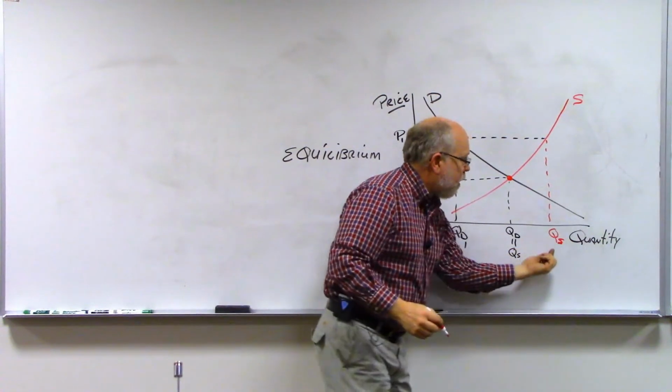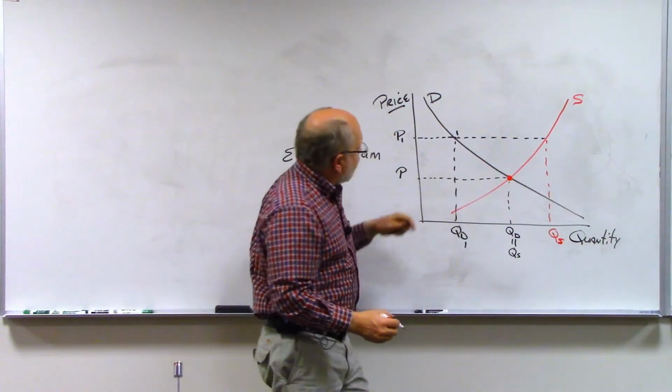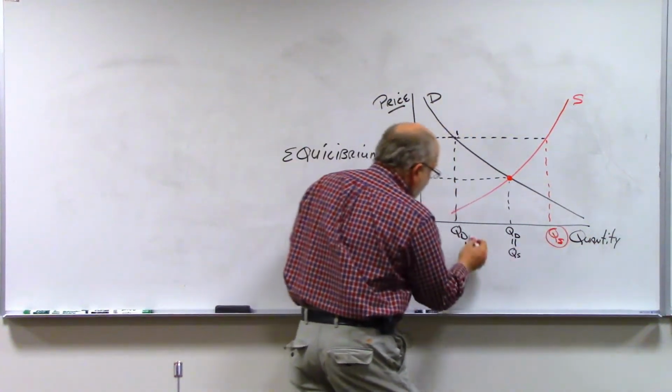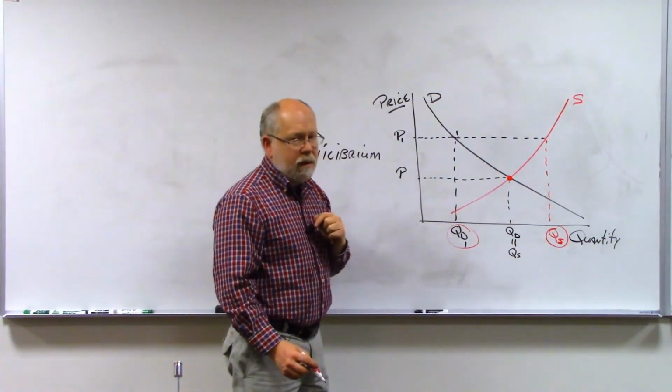You get quantity supplied off the supply curve, you get quantity demanded off of the demand curve. So if we ask this higher price question, this quantity does not equal that quantity. The quantity supplied is much greater than the quantity demanded.